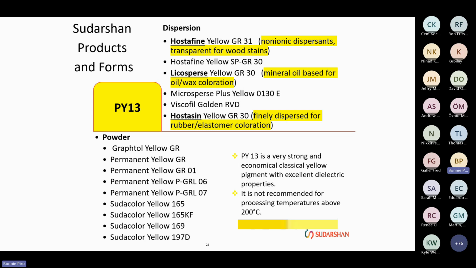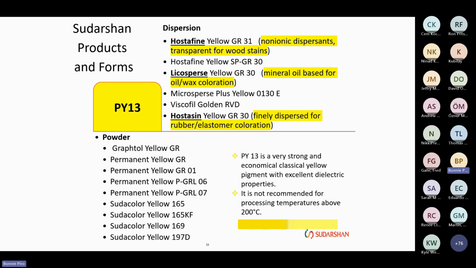The Yellow 13 is very economical because it does bring with it high strength. Again, that processing temperature shouldn't go above 200 degrees C for that one.